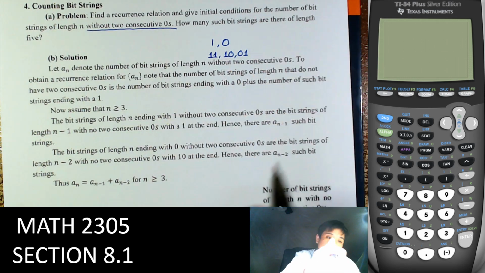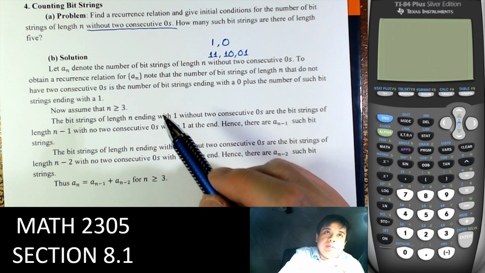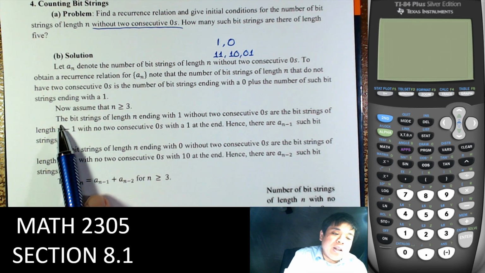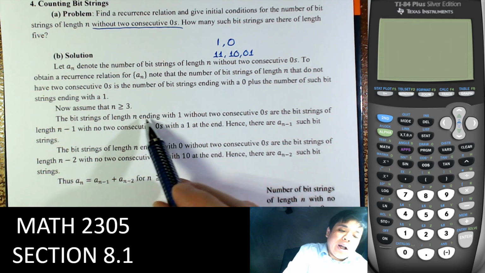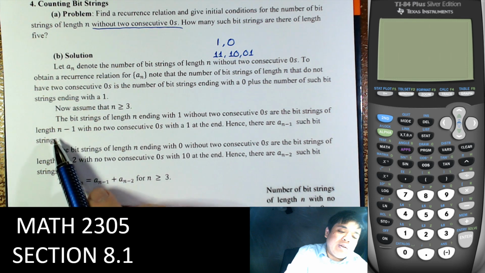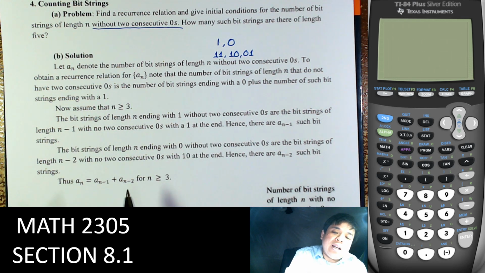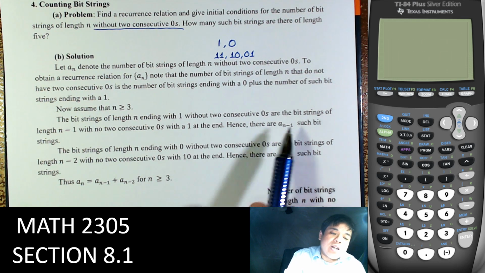So we know those two, length 1 and length 2. Now length 3, right here we start: the bit strings of length n that end with 1 without 2 consecutive 0s are the bit strings of length n minus 1 with no 2 consecutive 0s with a 1 at the end. Hence there are a sub n minus 1 such bit strings.